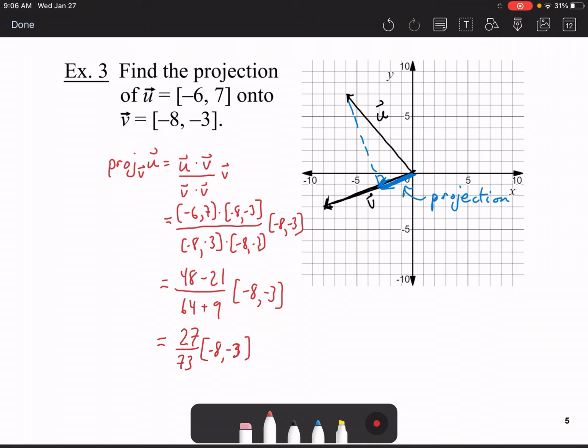So it's smaller than the vector negative 8, negative 3, which we can physically see. Or if you want to write it, you can take the 27, multiply by the negative 8, get negative 216 over 73, and 27 times negative 3 is negative 81 over 73. And there you go, another way of writing it. And thus concludes this lesson.